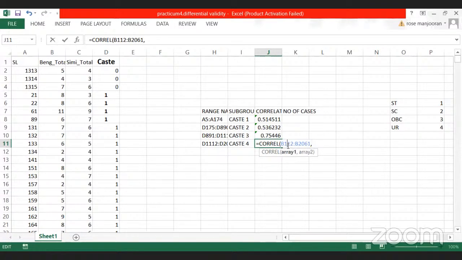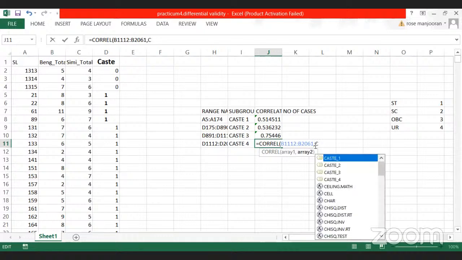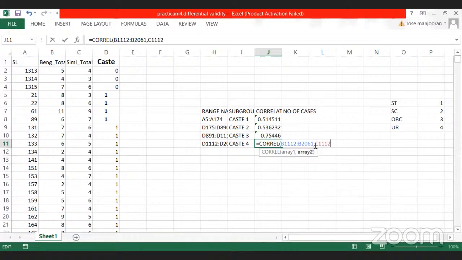Okay, one minute, there is an error here. 1112. Okay. C1112, then C2061. Okay. We will get the correlation here.